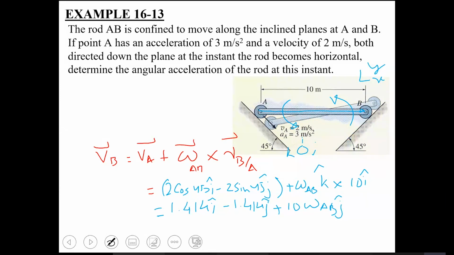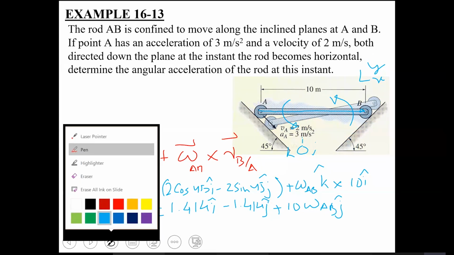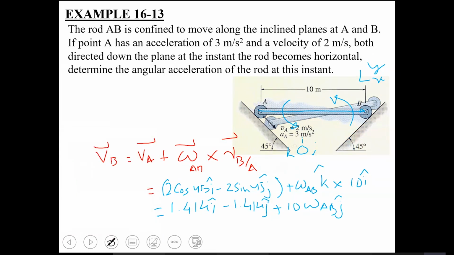Yes. Okay, what about the left hand side of this equation? It represents the absolute velocity of B. Although you don't know its magnitude, you know that once point A is moving downward, point B would be moving up that incline, isn't it? So the direction of VB is known, that is, at 45 degrees with respect to the x-axis.